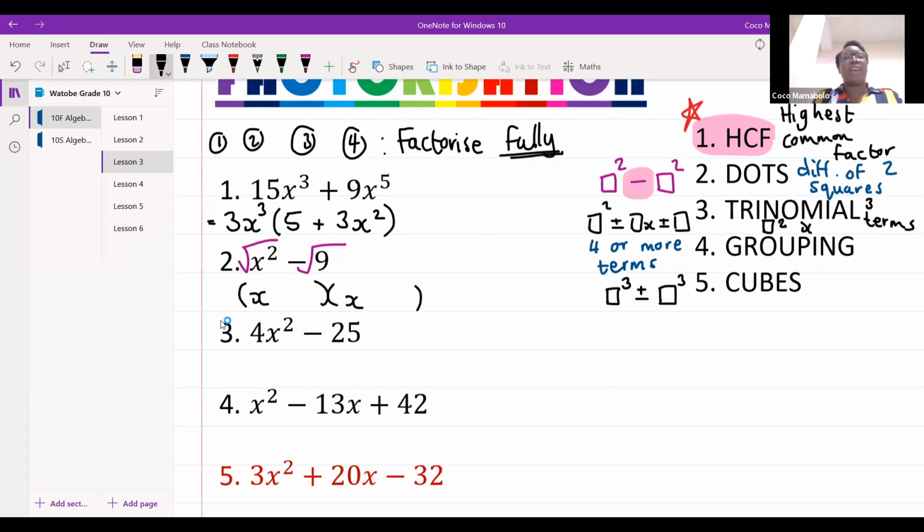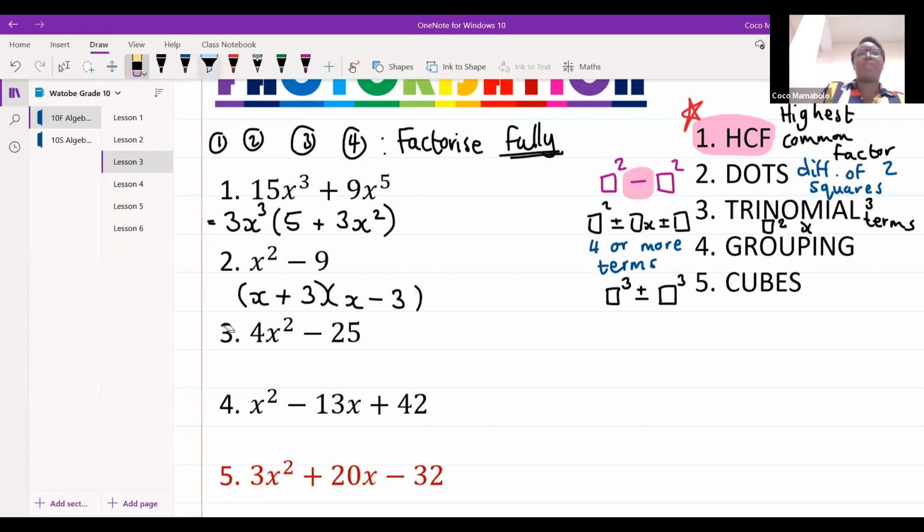And the square root of 9, guys, what's the square root of 9? It's 3. So I'm going to have 3, 3. And then the next thing I do is make sure that the signs are opposite. Plus, minus. That's it. So when we get to dots, square root the first number, square root the last number, and then just put plus and minus in the middle.